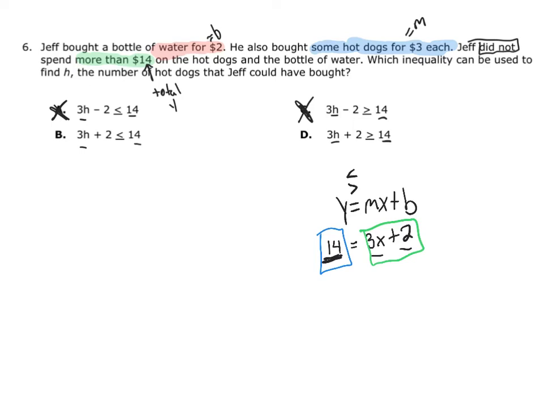If I want 3x plus 2 to be less than 14, I need to put the little arrow towards it. So the arrow is pointing towards it because 14 needs to be bigger. Now, he could spend exactly 14, but he didn't want to spend more than. So that tells me that it can also be equal to. So it should have the bigger side towards the 14, which is B.